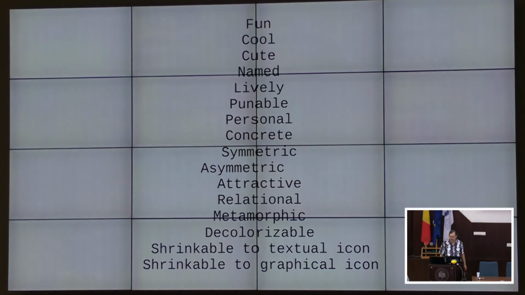A mascot has to be fun, cool, cute, named, lively, punnable, personal, concrete, symmetric, asymmetric, attractive, relational, metamorphic, that cuts it way down, decolorizable, shrinkable to textual icon, and shrinkable to graphical icon.